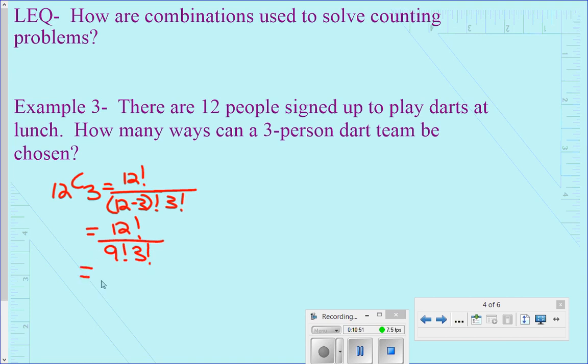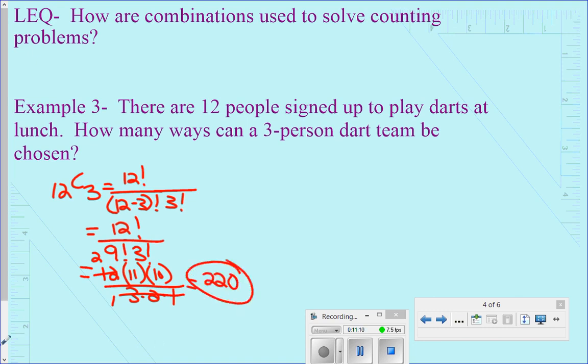The 9 factorials are going to cancel out. 12 times 11 times 10 over 3 times 2 times 1, which is 6. 12 divided by 6 is 2. 2 times 11 is 22. 22 times 10 is 220. So 220 ways.